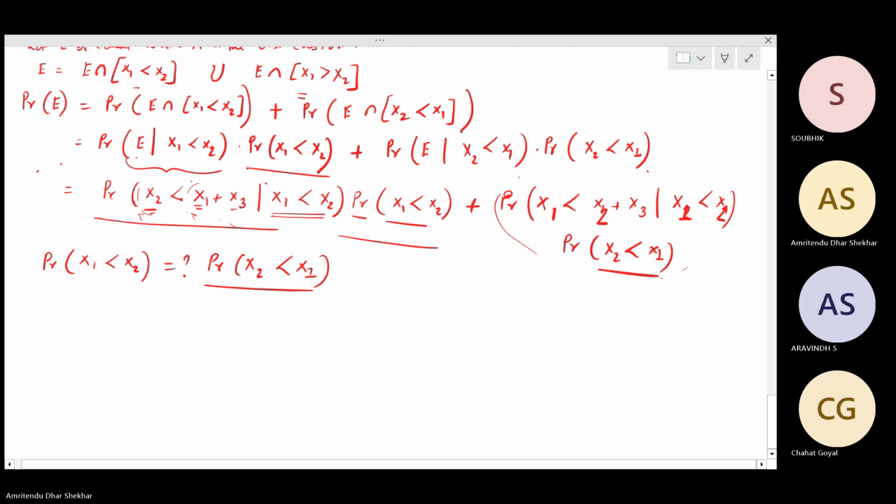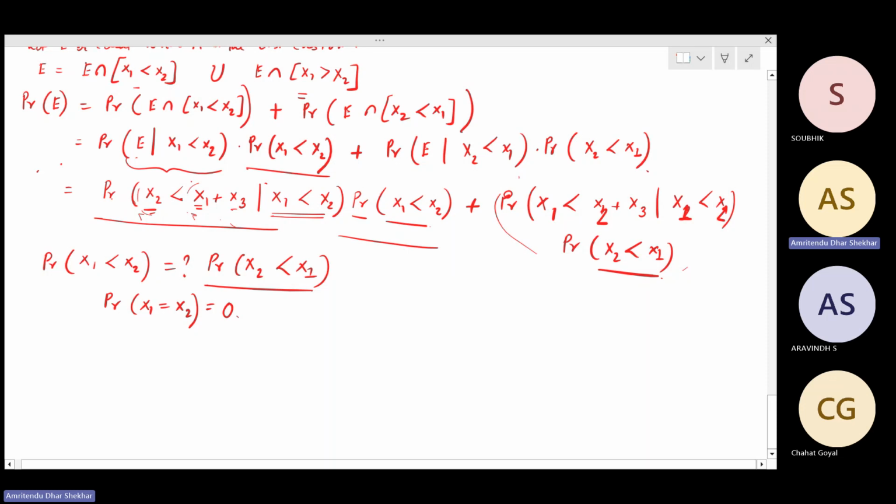Now, what is the probability of x1 equals x2? It is equal to 0, because x1 and x2 are continuous random variables.